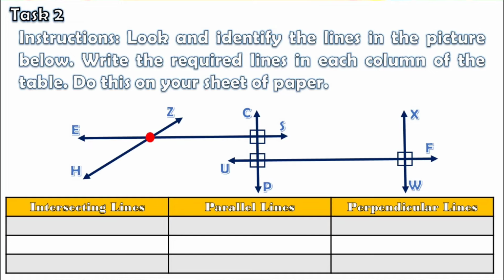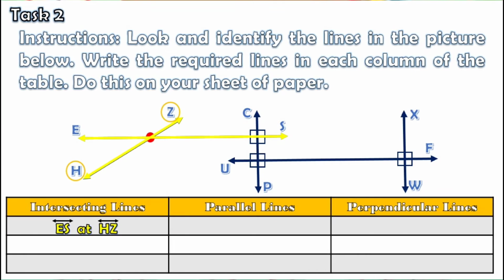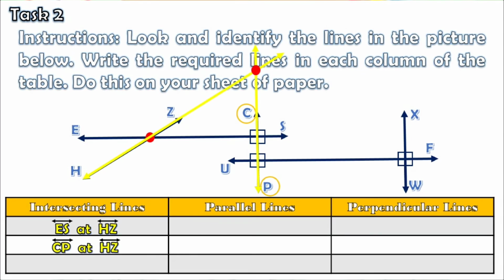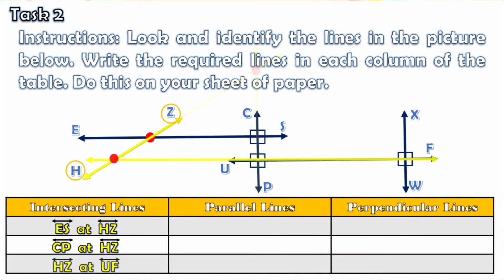Some of the intersecting lines are line ES and line HC. The line CP and line HC are also intersecting lines. The line HC and UF are intersecting lines too. If you have other intersecting lines visible, you can add them to your answer.